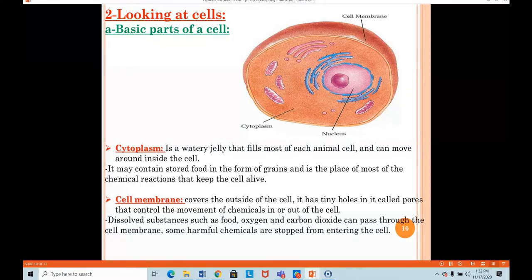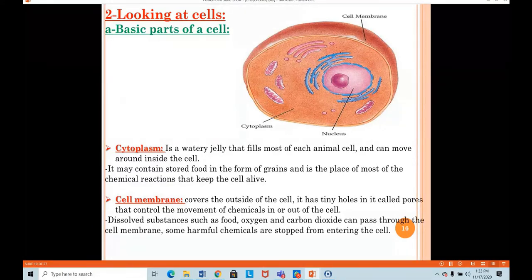And what does the cytoplasm do? The cytoplasm holds all these organelles in it, and it is also the place where the various chemical reactions take place. All the metabolic reactions take place in the cytoplasm itself. Even the starch grains present in a plant cell are present in the cytoplasm. Clear?